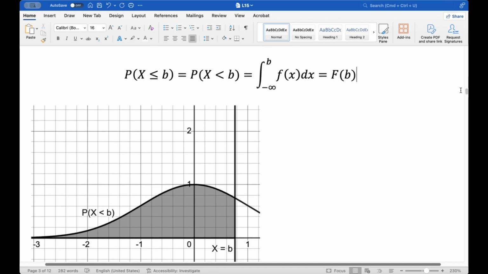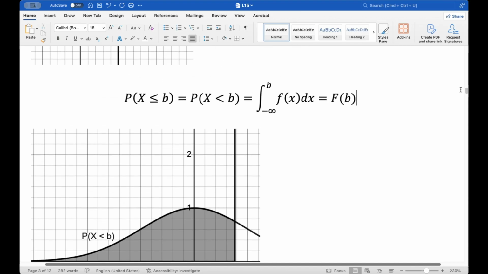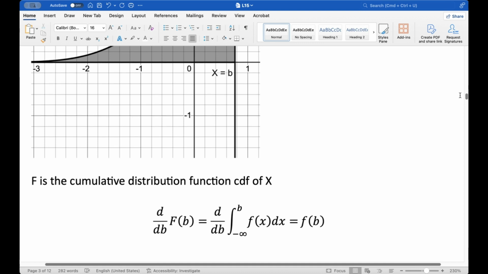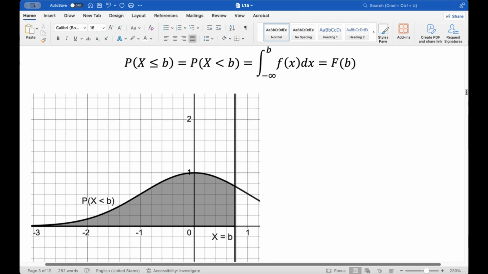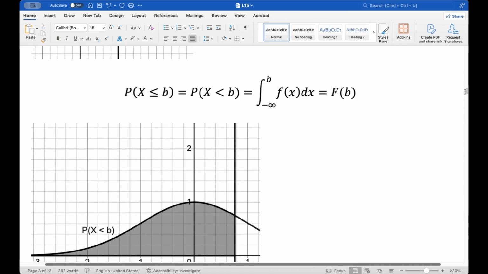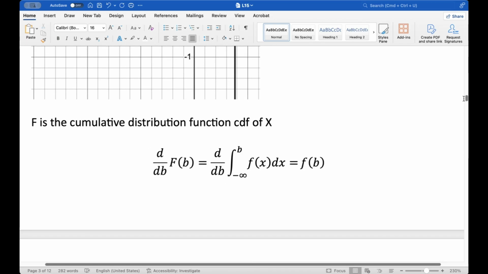And so this last situation, the probability that x is less than b, less than or equal to b, that is the cumulative distribution function. That is the CDF of x. It's current probability and all the previous ones accumulated. So the capital F function is taking on that role, or at least can take on that role of being the CDF.